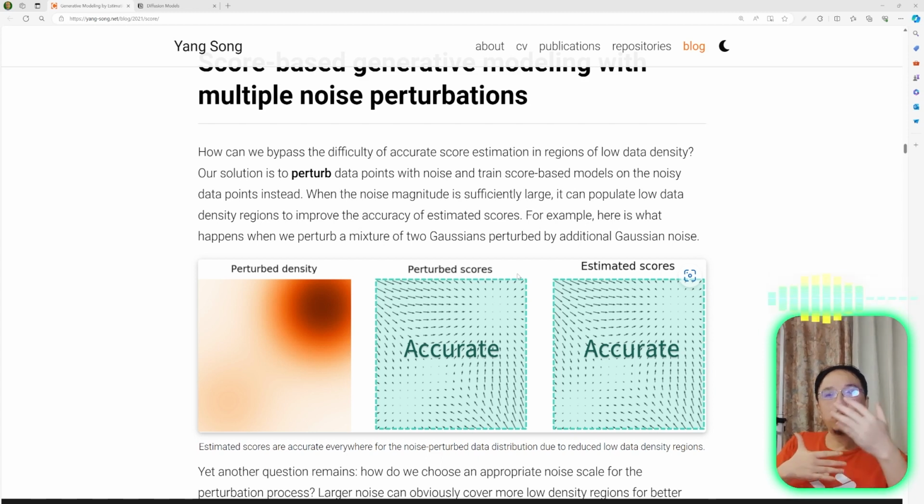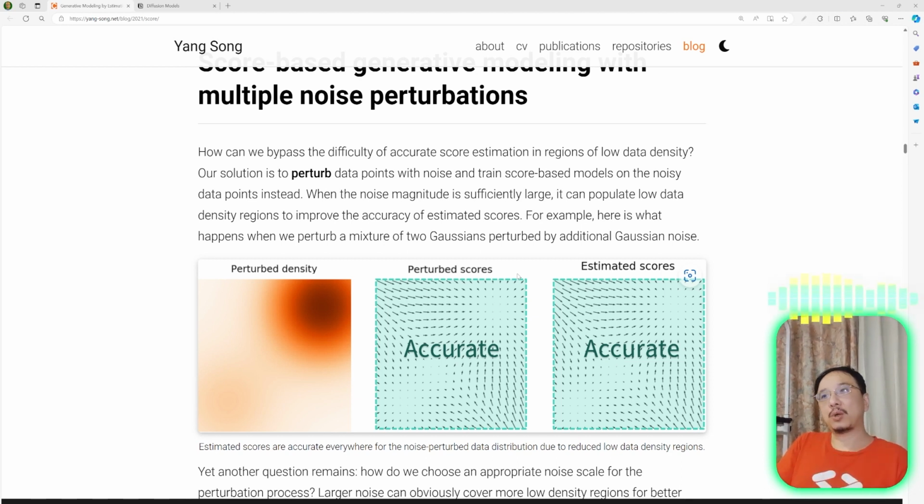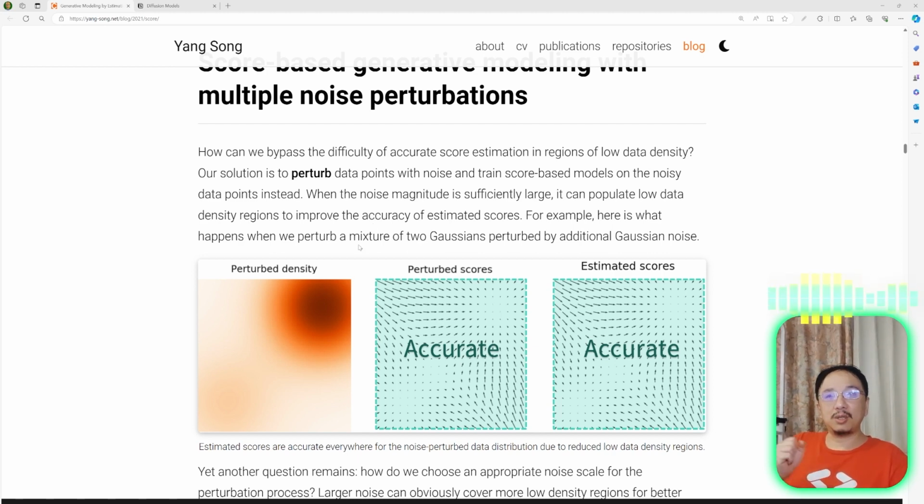First, we train a model with very noisy data. So we use a very large magnitude of noise so that it can converge easily. Then we reduce the noise a little bit and train another model.